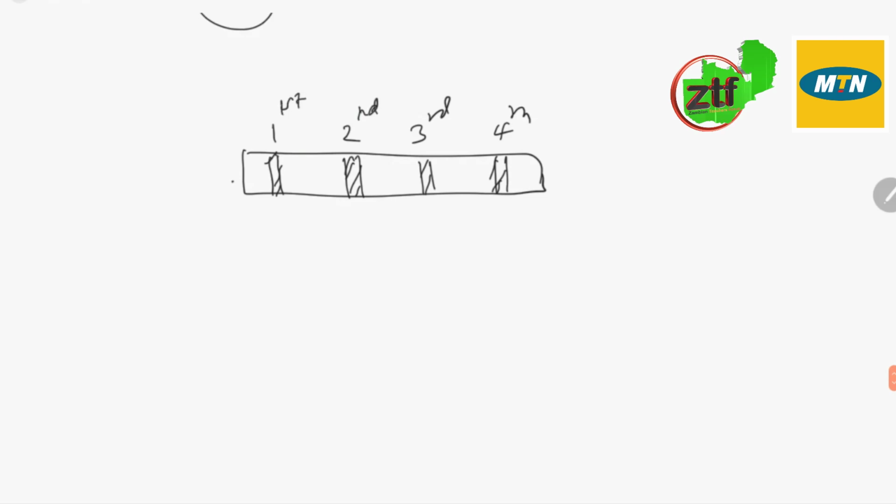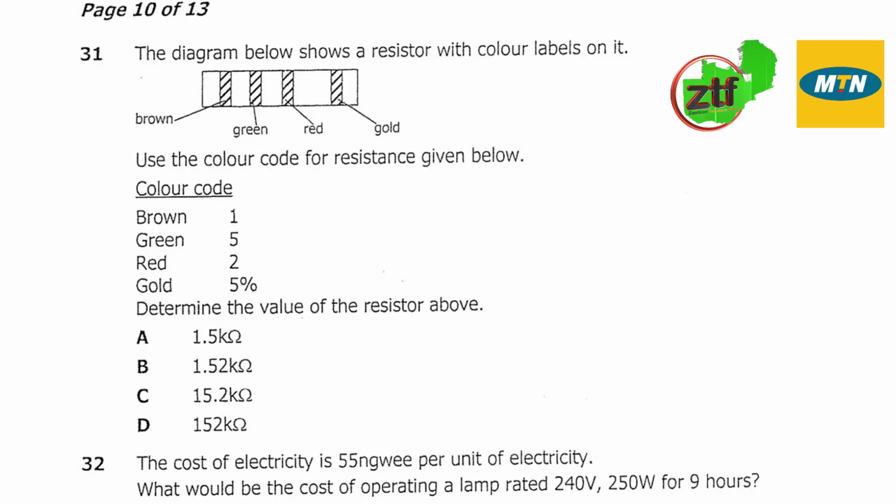We are told that this one is brown, this one is green, this one is red, this one is gold. The gold one at the end gives us the tolerance within which the resistor can operate.